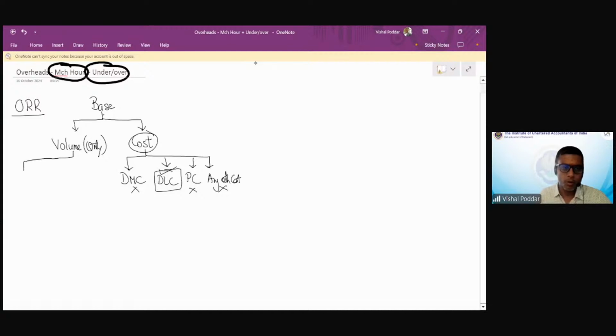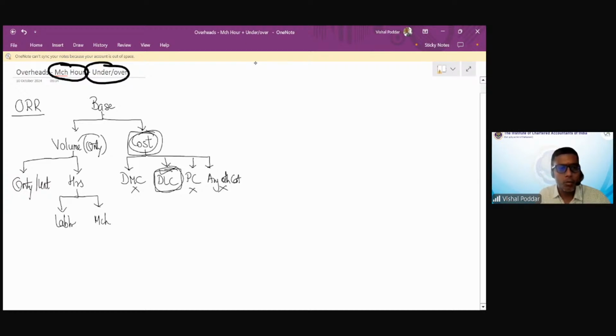Similarly, in the volume or quantity base, you have two options. One is the quantity or units of your product, and the other is the hours. Within hours, you have further two options: the labor hours and the machine hours. Now, as we discussed, since majority of your overheads are time-based, if we are selecting cost as the basis, our preference should be labor cost, which includes a time component.